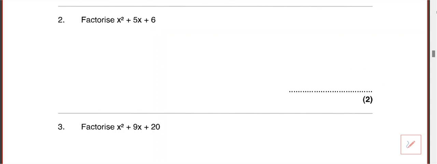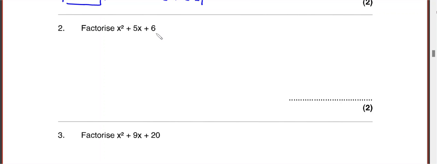So the next one, we're looking at two numbers that multiply to make positive 6 and add to make 5. So we're looking at this number, yeah? 6 times 1, 2 times 3, yeah? And then out of these two options, only 2 plus 3 makes the 5.